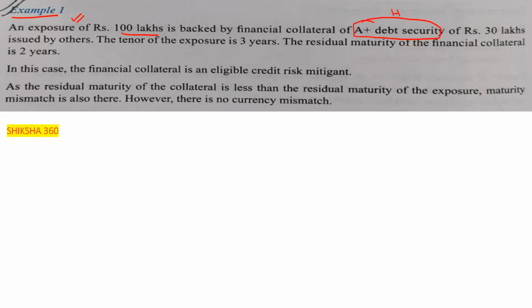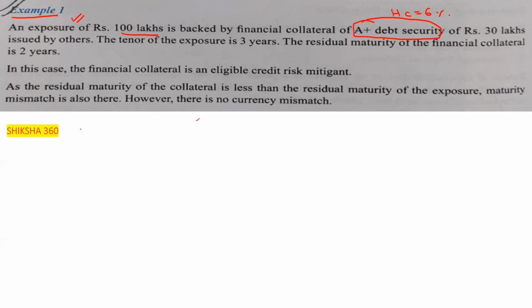For that, I will say that HC is equal to 6%. In the examination, they will give that value, that is the haircut on the collateral. So an exposure of rupees 100 lakh is backed by a financial collateral of A plus debt security of rupees 30 lakh issued by others.